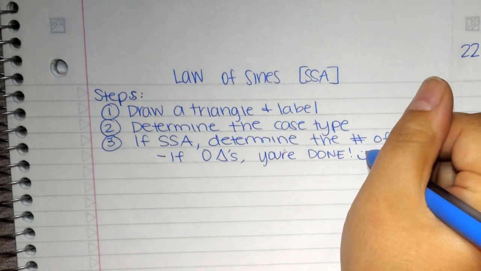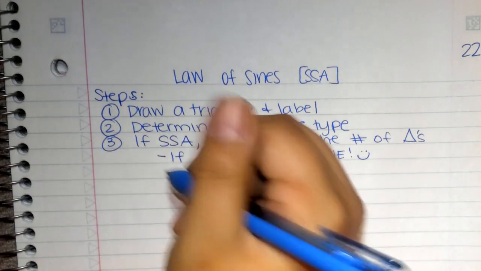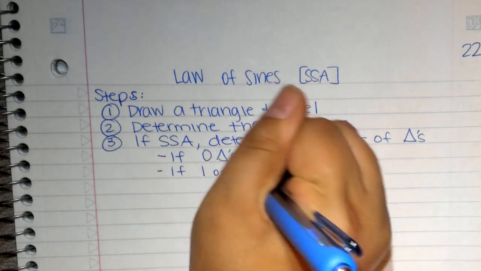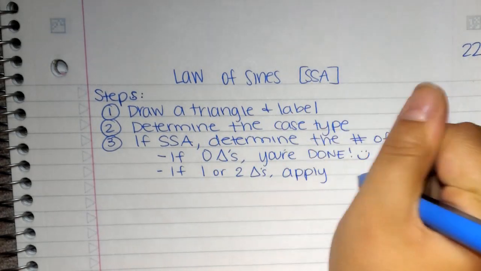You don't have to find any of the sides because the triangle does not exist. Now, if you get 1 or 2 triangles, you are going to apply law of sines.